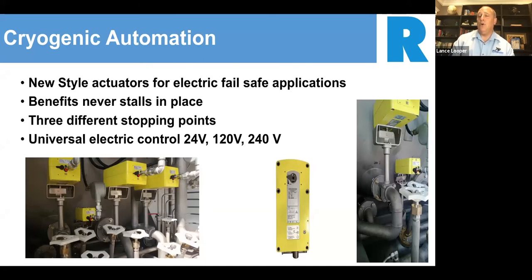We can also add a potentiometer into these, and we can also add a positioner as well, where you can stop these anywhere from 4 to 20 milliamps, so you can have a throttling application as well for unique customer applications. So very exciting product line, something that we stock, something that we have available, and I just wanted to bring it to your attention. Pretty neat device that you can offer your customers.